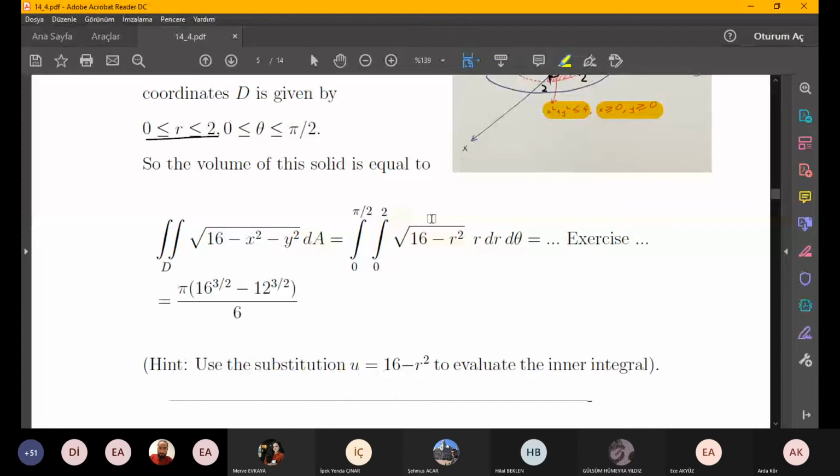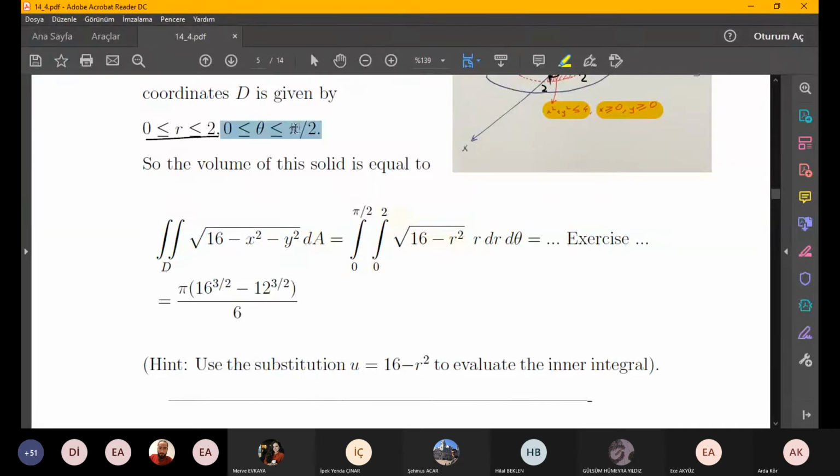So after you write that, you need to start by integration with respect to r, okay, and the limit of integration has to be from 0 to 2 here, and after that you have to write the limit of integration with respect to theta, which is from 0 to pi over 2 here.